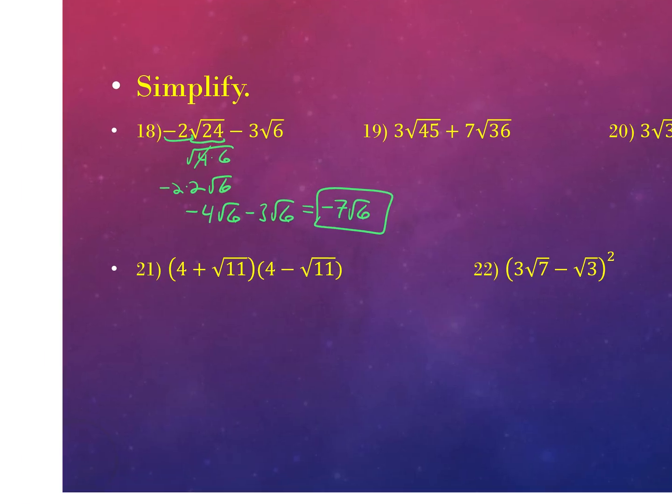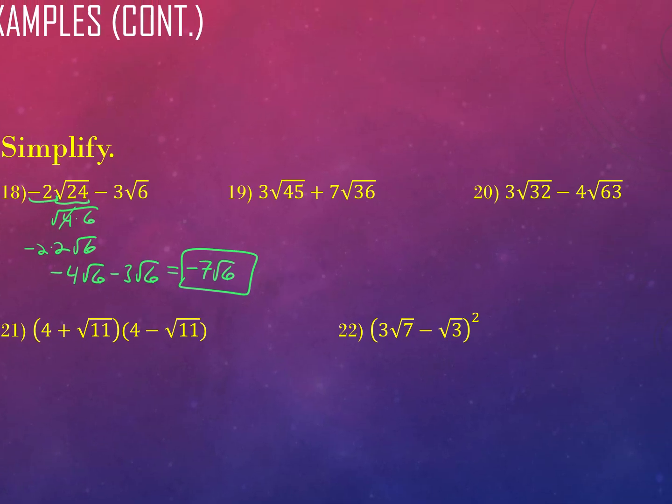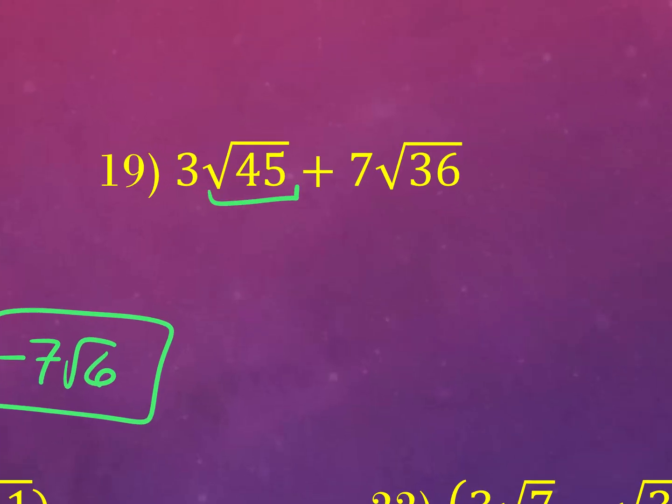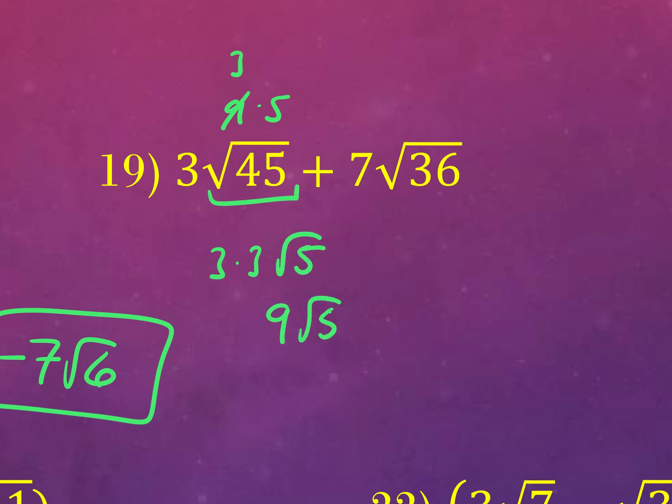All right, I'll have you guys try 19 and 20. Okay, did we know how to simplify the square root of 45? Okay, good. So this is the same as 9 times 5, and the square root of 9 is 3. So we get 3 times 3 square root of 5, which is just 9 square root of 5.